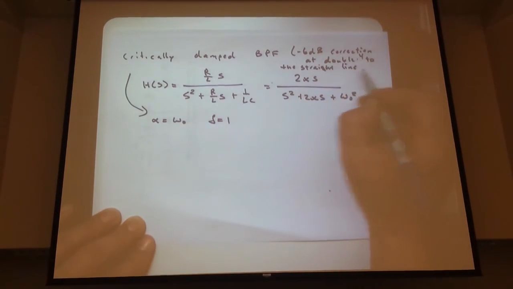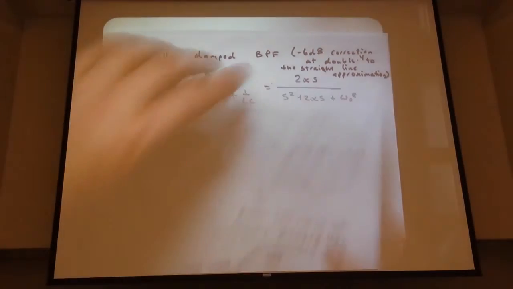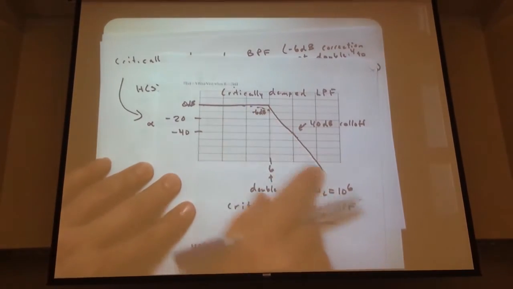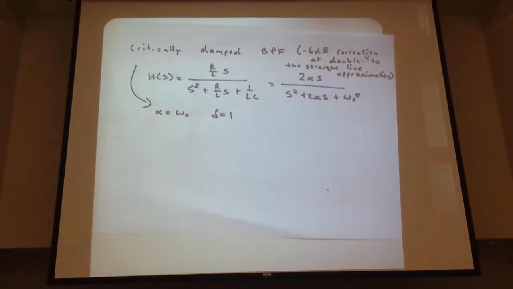That's what I just said out loud. And that was clear. I mean, we've done that a couple of times already. There's our -6 dB, there's our straight line approximation, -6 dB at the pole, that's one of our rules.